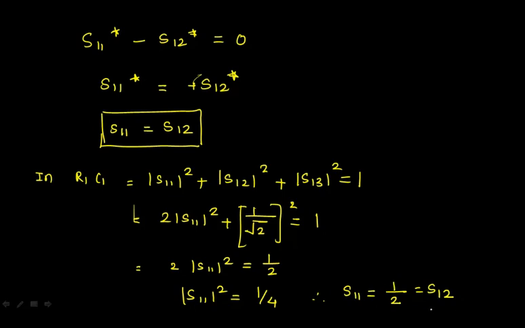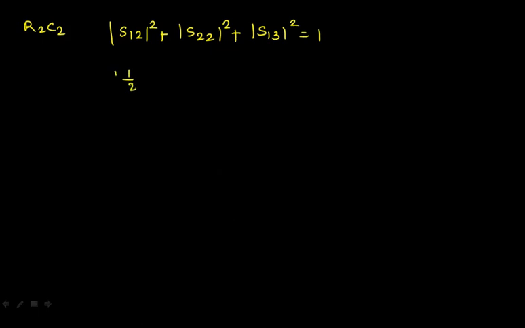Now putting these values, and I have got S13 previously, in equation number 2 which we have seen, we can find S22. So r2 c2 gives us S12 square plus S22 square plus S13 square is equal to 1. I know S12 is 1 by 2, so 1 by 2 squared plus S22 squared plus 1 by root 2 squared is equal to 1.